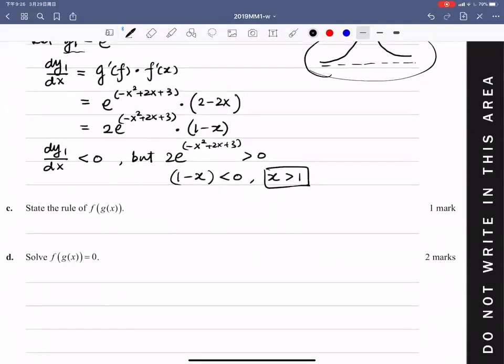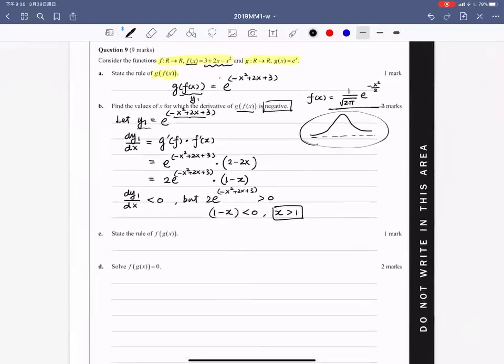Okay, state the rule of fg of x. This time, I'm actually substituting g into f. So let's say fg of x equals 3 plus 2e^x minus (e^x) to the power of 2.